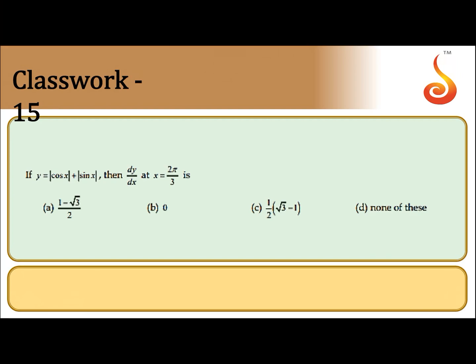Let me take y is equal to modulus of cos x plus modulus of sin x. So find dy by dx at x equals 2 pi by 3. Let me evaluate this one. y is equal to modulus of cos x plus modulus of sin x, derivative at the point 2 pi by 3.